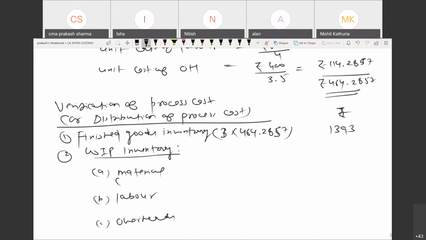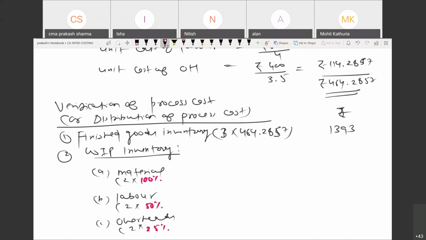Okay, sir. So 2 units were incomplete. Then I write degree of completion. Degree of completion is 100% for material, 50% for labor, and 25% for overhead.